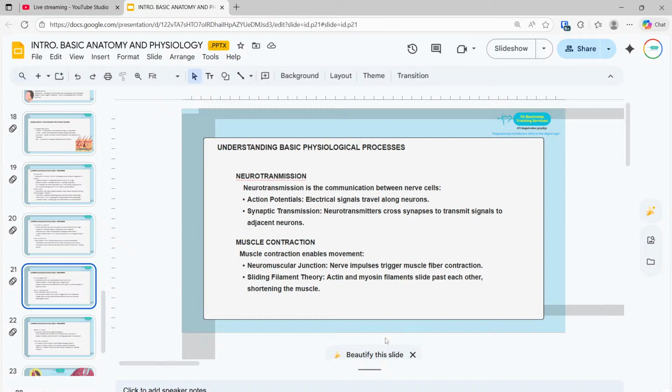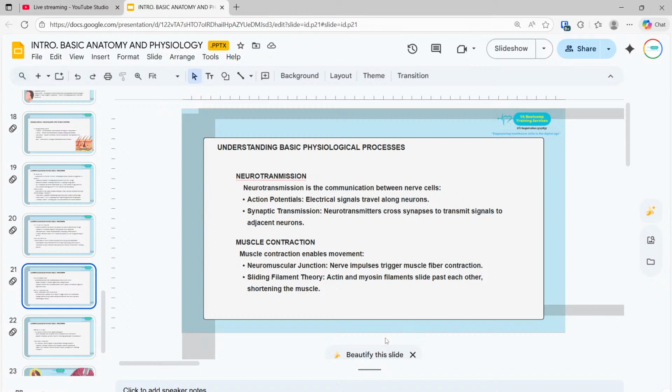These are the electrical signals that travel along the neurons. Synaptic transmission means neurotransmitters cross synapses to transmit signals to adjacent neurons. So when we say neurotransmission, it happens on the nerve cells coming from the brain and then to the other parts of the body.